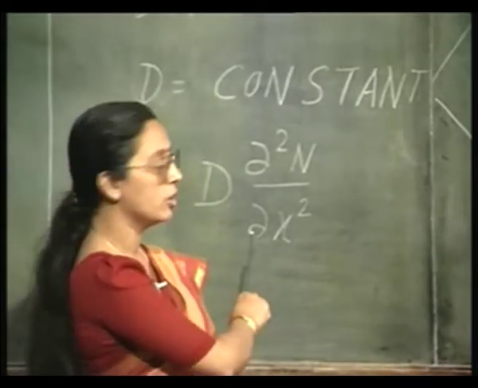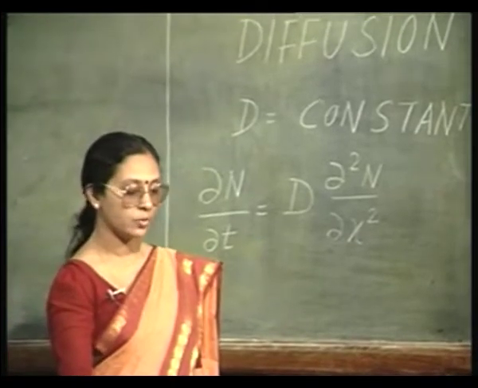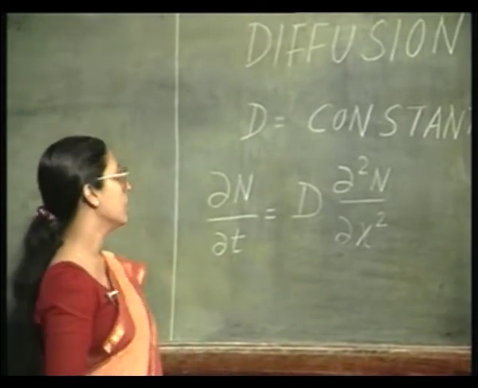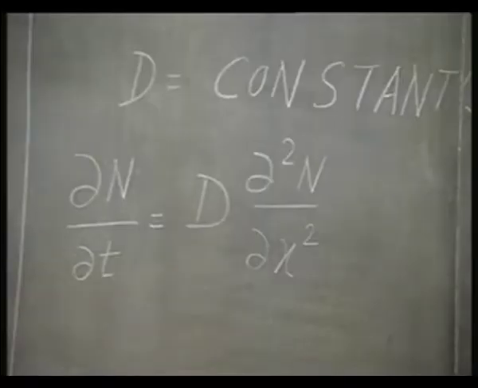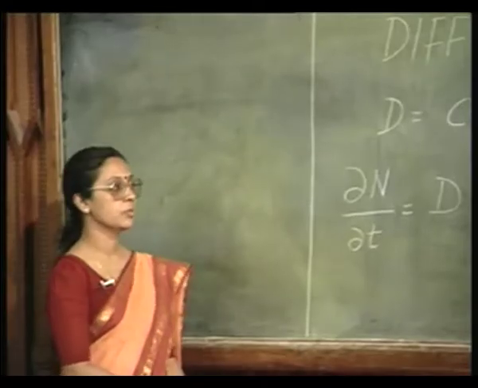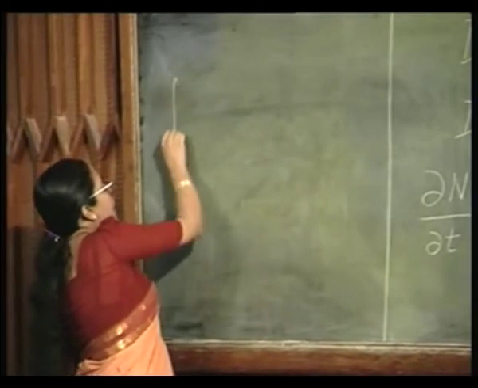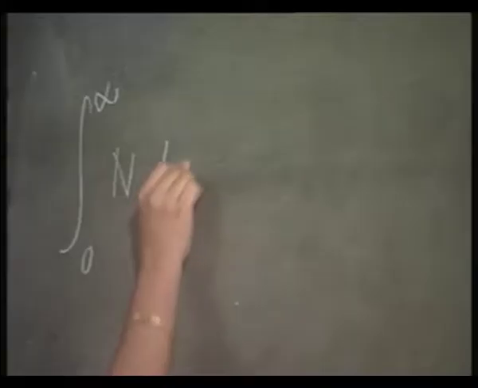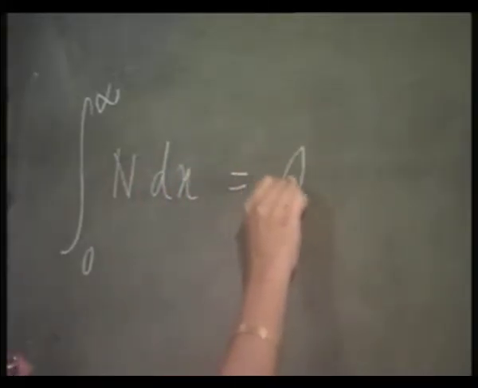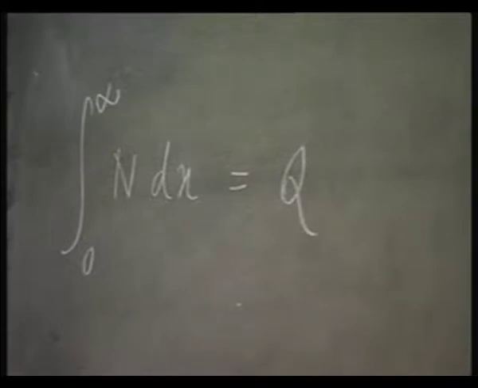We will have to solve the same simple equation subject to the various initial and boundary conditions, just as in the previous case. Only thing is the boundary conditions will change. So, what are the boundary conditions now? As we are saying that it is the constant total impurity case, that means the integral from 0 to infinity of n dx is a constant, that is Q. That is one boundary condition.